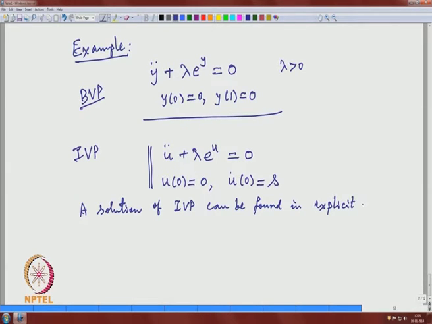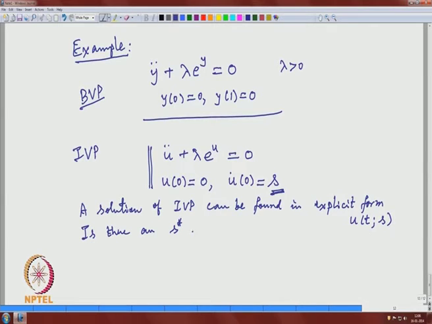It is similar to the one we did in the case of conservative equations, so this is also explicit, as a conservative equation. Using that explicit form, obviously it contains the parameter S. The next question: you call this solution u(t, S).